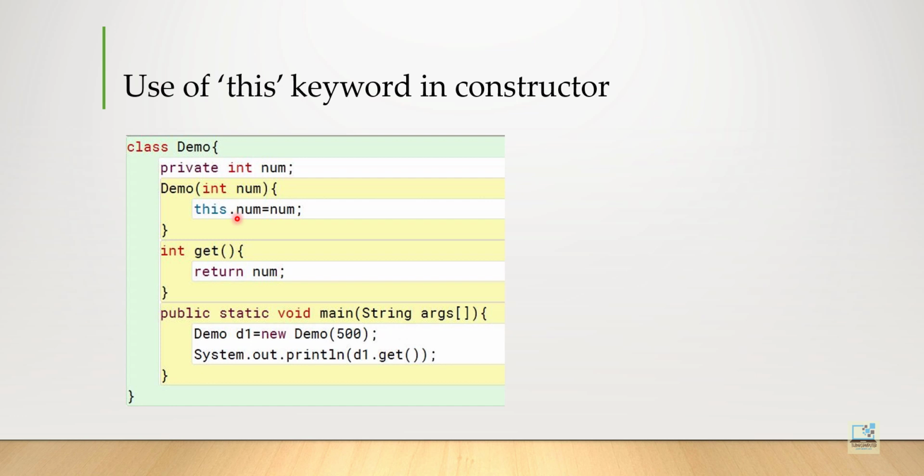So here in void main you can see Demo d1 equal to new Demo. The constructor is called for the object d1. this.num means d1.num. In any constructor, when you see this keyword, it refers to the object for which the constructor is called. So this.num means d1.num. That will become 500 by running this statement, and when it is printed on the screen, it will print 500.